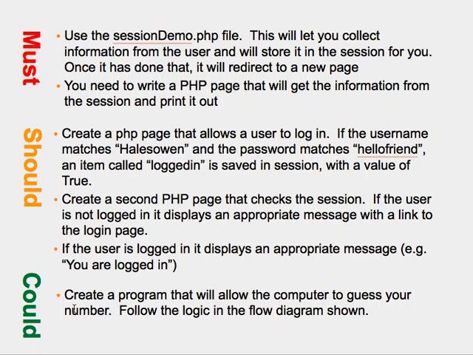And if you manage to get that done, have a go at a guess your number game. So I'll add the flow diagram later, but basically what it's going to do is you, the person, is going to think of a number, and the computer is going to guess what your number is. So you'll think of it, the computer will say, think of a number between 1 and 500.